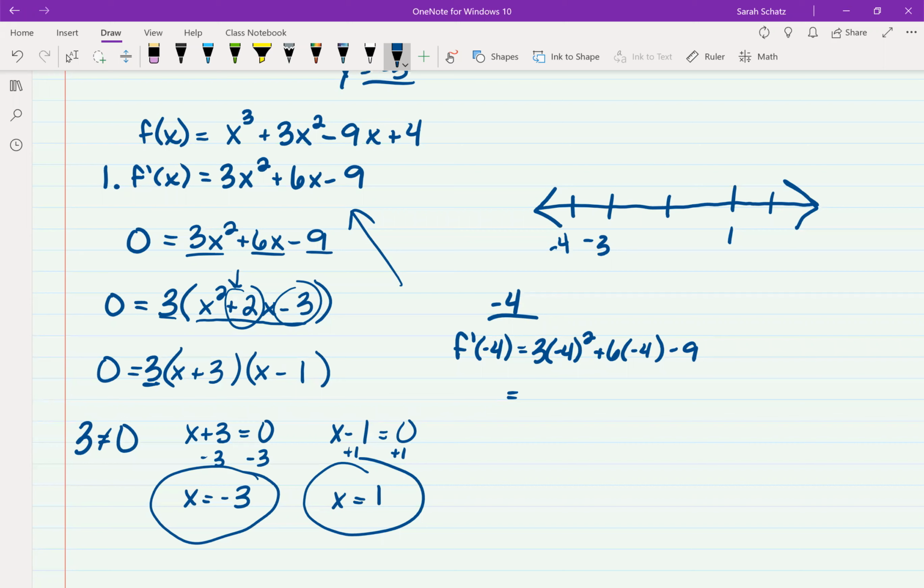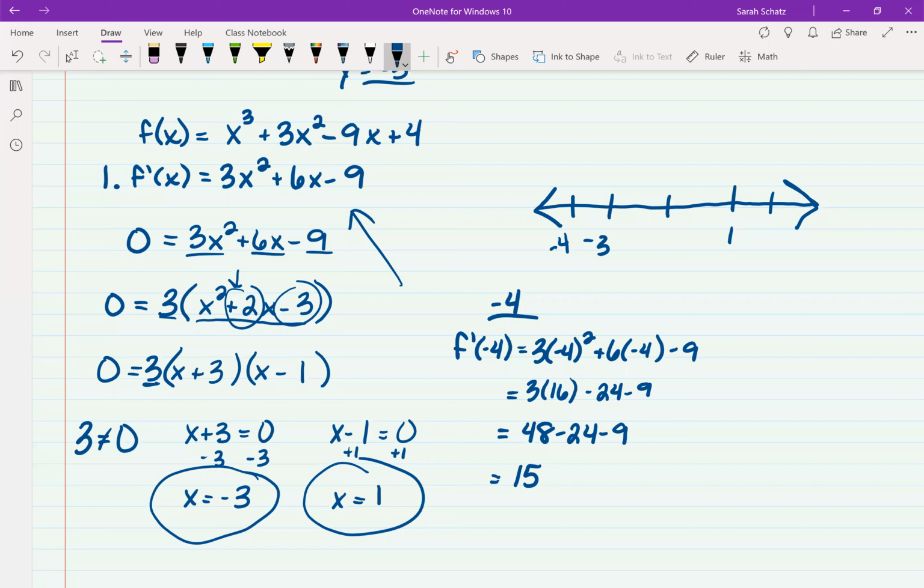So you remember that -4 squared is positive 16. So 3 times positive 16, it'll be minus 24 minus 9. 3 times 16 is 48. Minus 24 minus 9. 48 minus 24 minus 9 is 15.